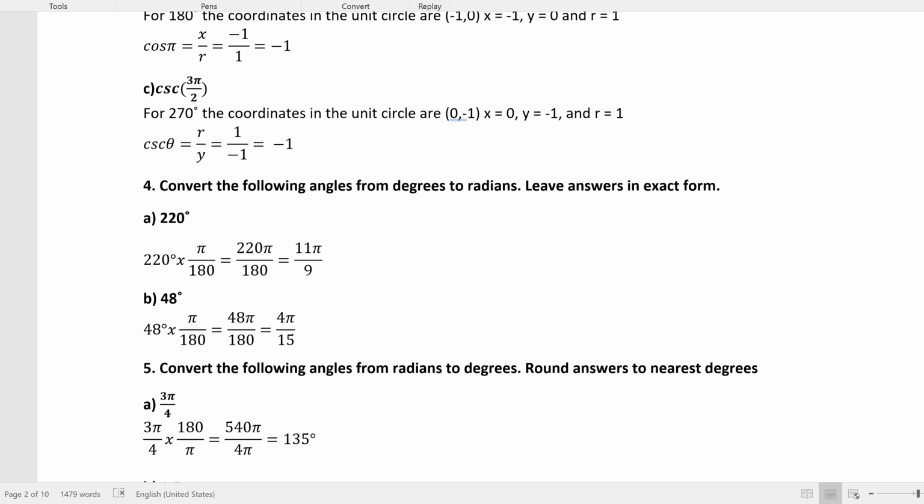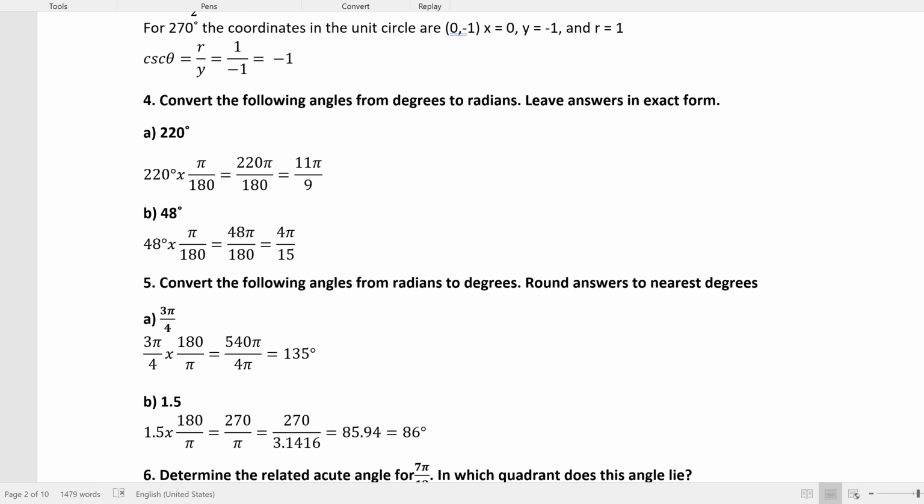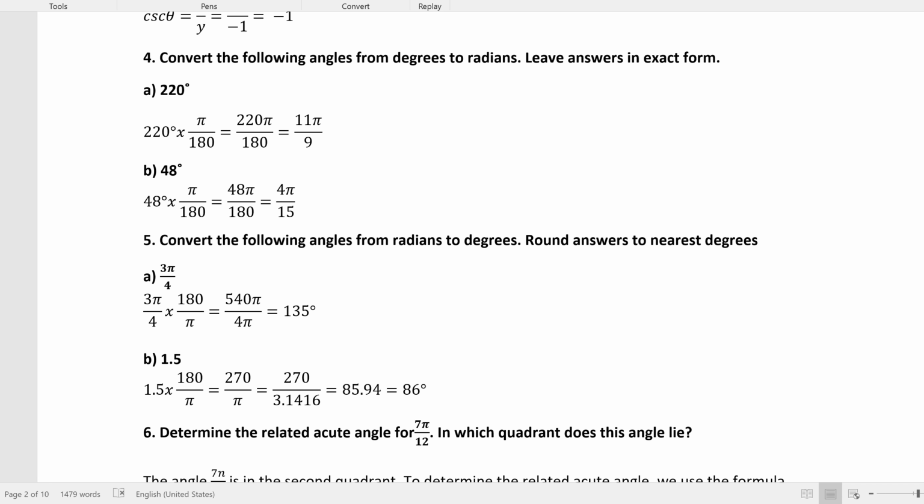That is that. Number 4, convert. So from degrees to radians, 220, and you times it by pi over. Now let me write down the reasoning behind it.